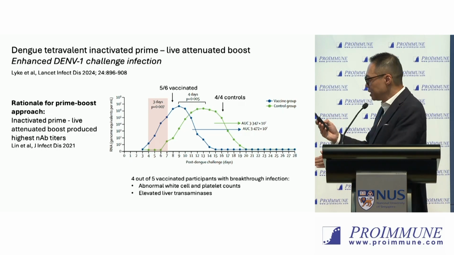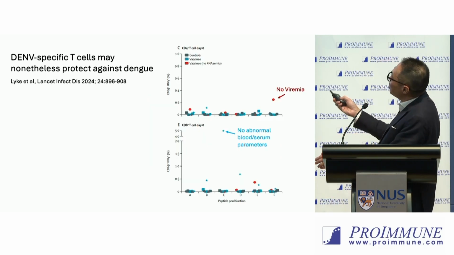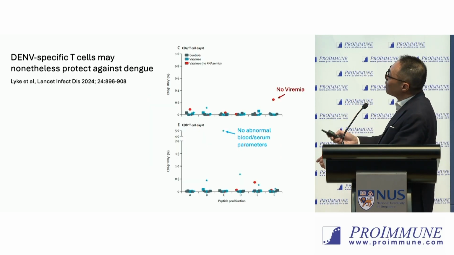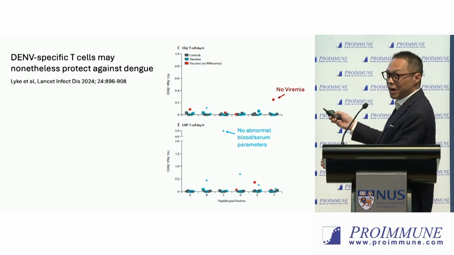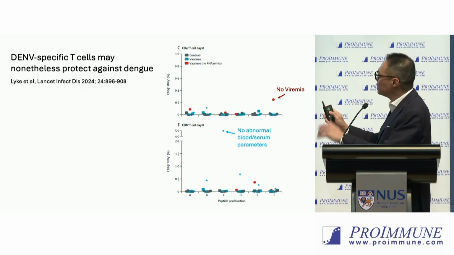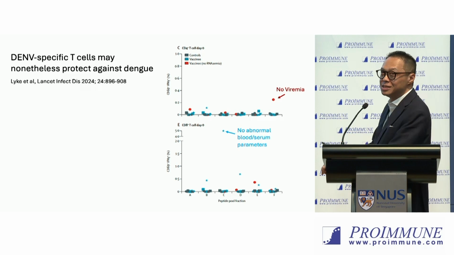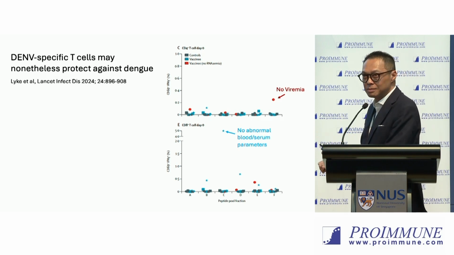But 5 out of 6. So what happened to the last person? The last person who had no viremia had the highest CD4 count. The person who had viremia but a pristine blood picture, so no change in white cell count, no change in platelet count, no change in liver enzymes, had the highest CD8 count. And this is antigen specific, right?